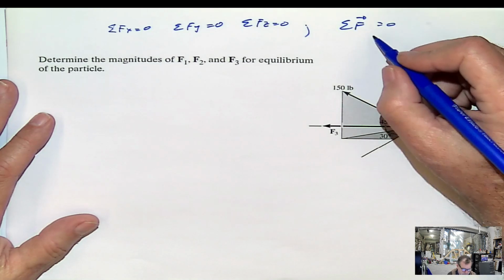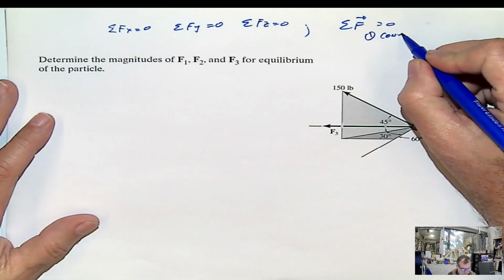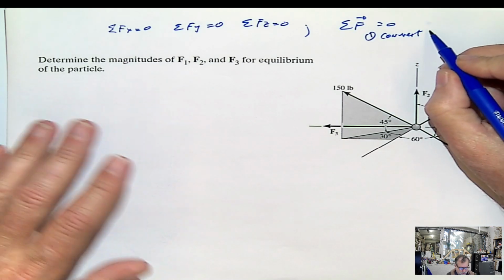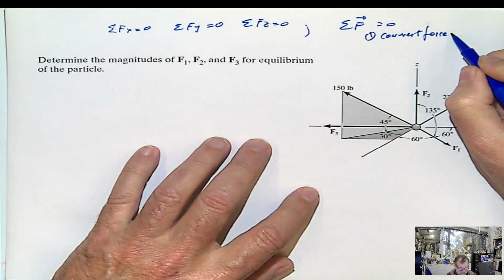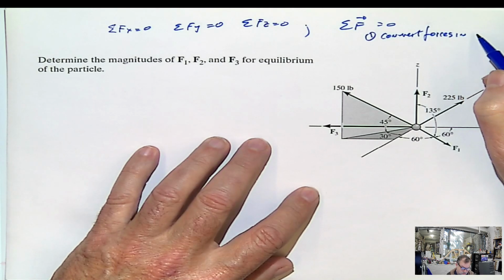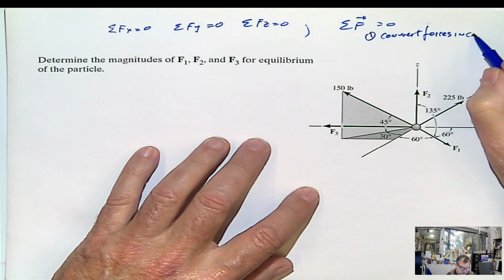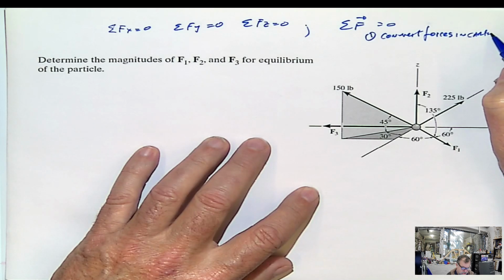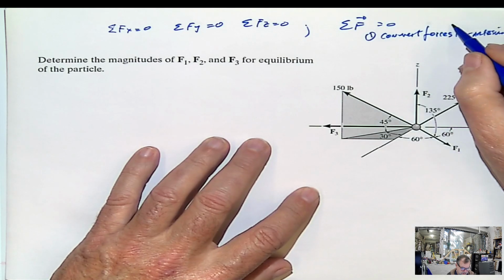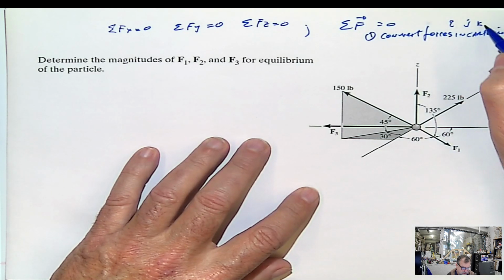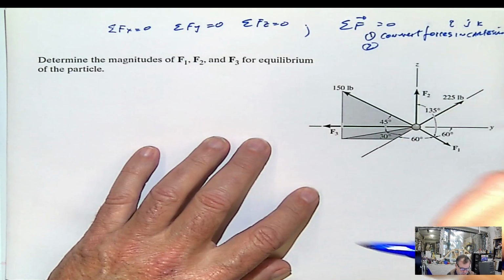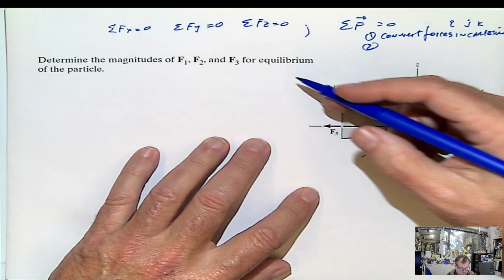What is the objective? Convert forces, or resolve forces, or get the components of the forces in Cartesian, meaning ijk, in other words. It's in equilibrium, so it has to be 0.